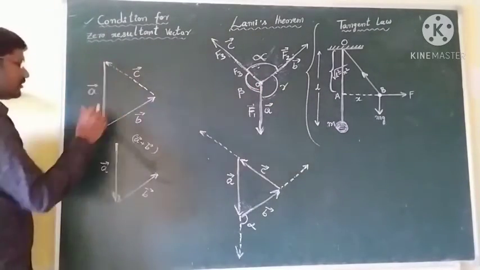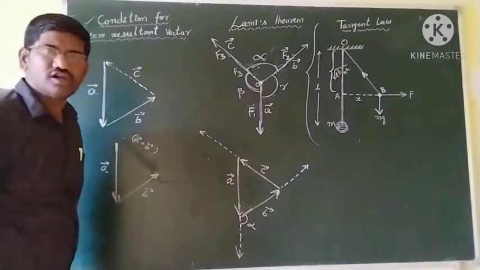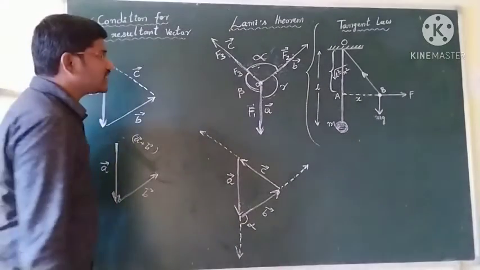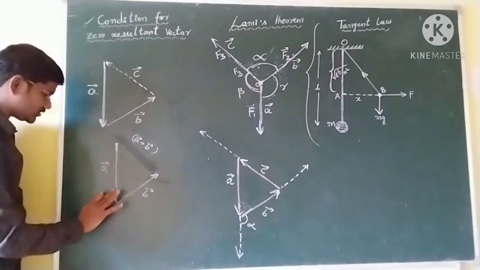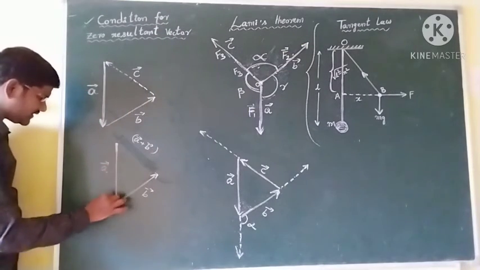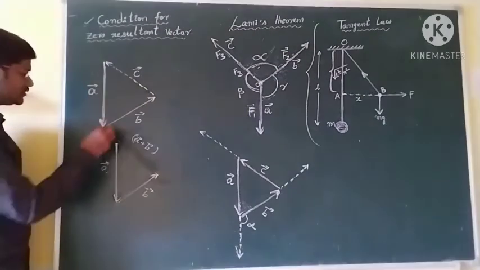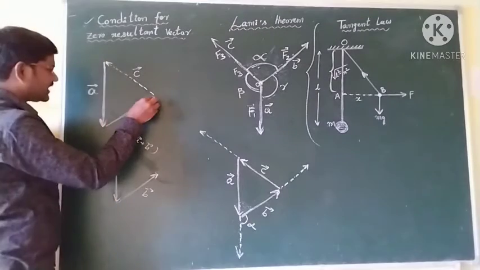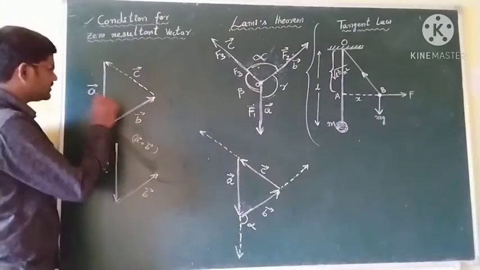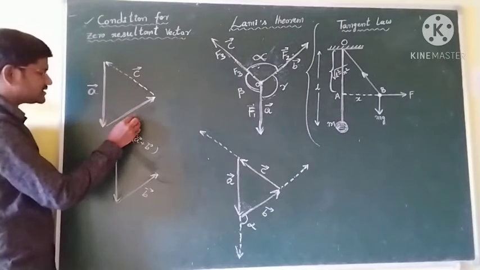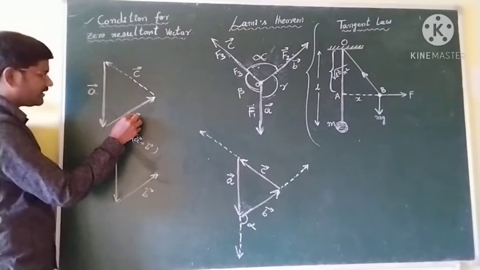Same magnitude and same direction I have taken. Now the second vector is B bar. This is the first vector A bar and this vector is B bar.